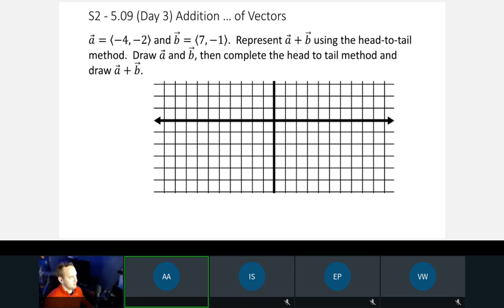Okay, so first we're going to draw vector A, 1, 2, 3. That's one of them, and that's going to stay there. Then we're going to do <7, -1>: 2, 3, 4, 5, 6, 7, -1. That's going to be moved.